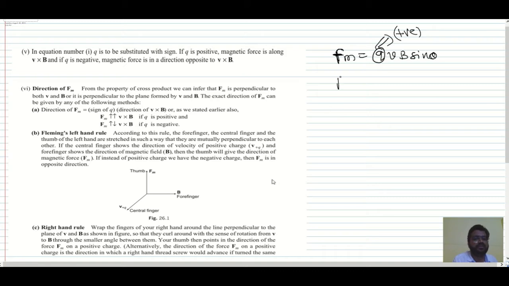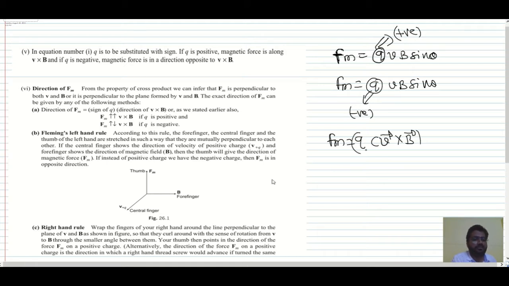But if you consider Q as negative, then the Fm, that is magnetic force, will be in the direction opposite to the V bar cross B bar, because negative will be there, isn't it? Now why so? Because Fm is equal to Q V bar cross B bar, isn't it?